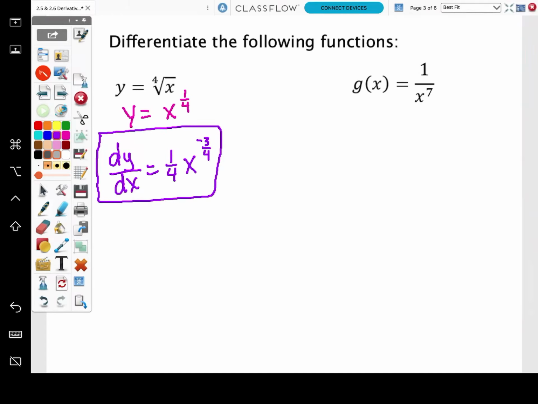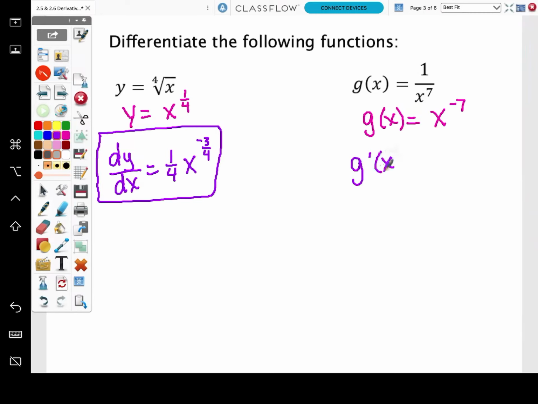Okay, and you can totally leave negative exponents in AP Calculus. It's a thing. So g of x, 1 over x to the 7th. Again, that's not written as a power function, so we should rewrite it. We're going to rewrite that as g of x equals what, class? Negative 7 power.